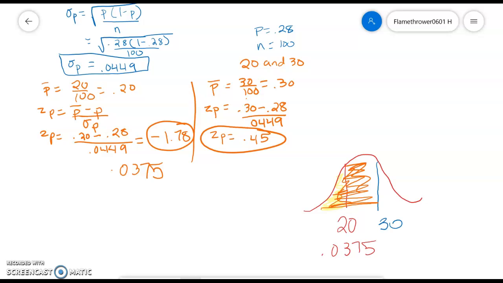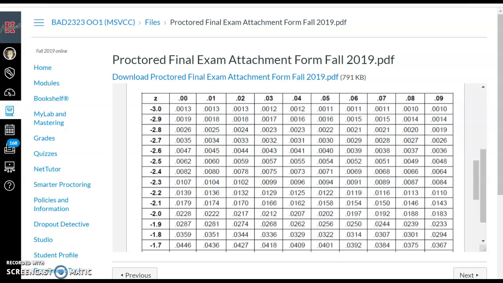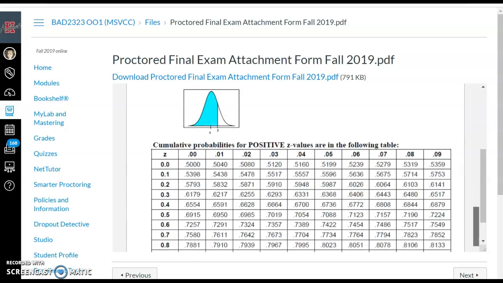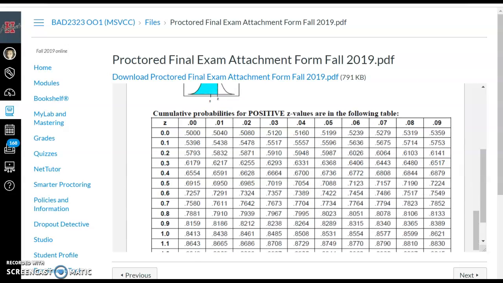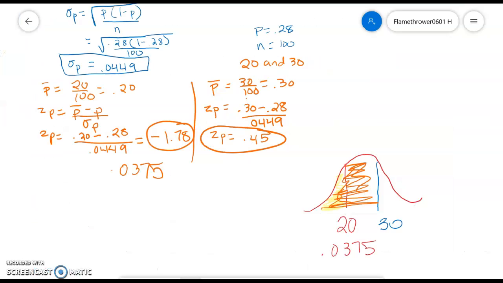We will use the 0.45. And we will go on our table, but we need to go to positive. So let's go to the next table and go to 0.4 and go over to 0.45, and we get 0.6736. So 0.6736 is the probability of 30 or fewer.